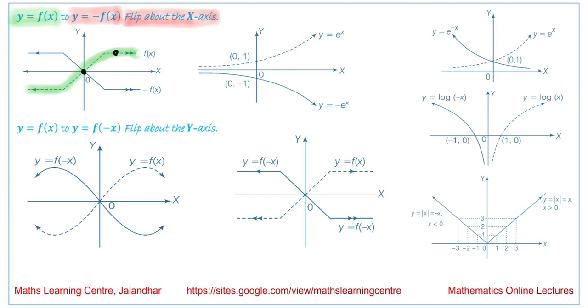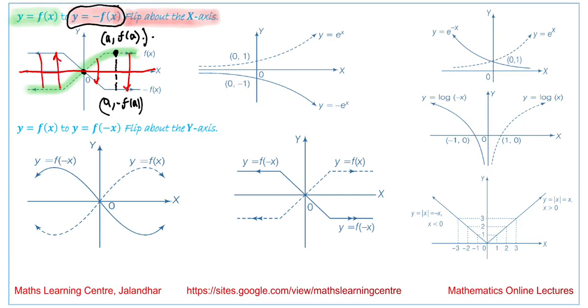Suppose I am talking about this point on f(x), which corresponds to a comma f(a). The coordinate of the point corresponding to the function minus f(x) will be over here, corresponding to a, and it is a comma minus f(a). So what we have done is, taking the x axis, we have flipped all the points with respect to the x axis.